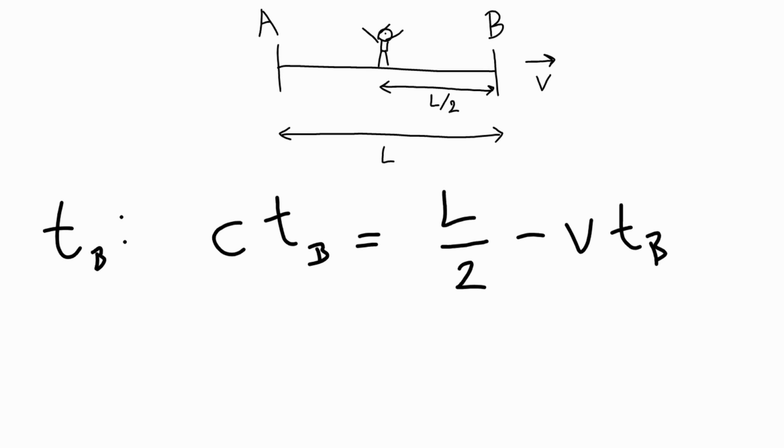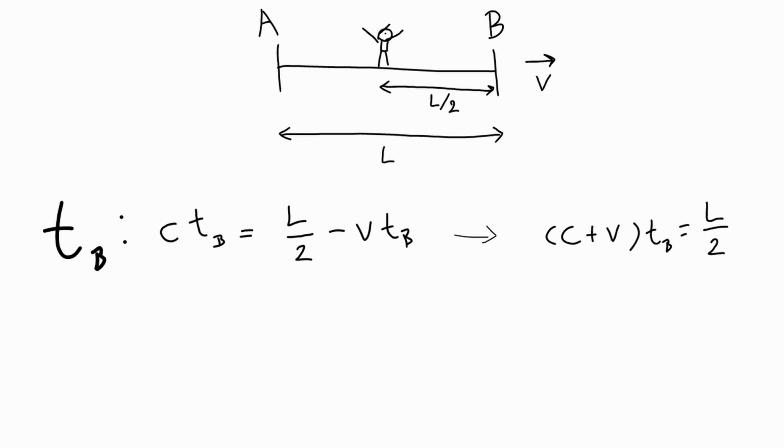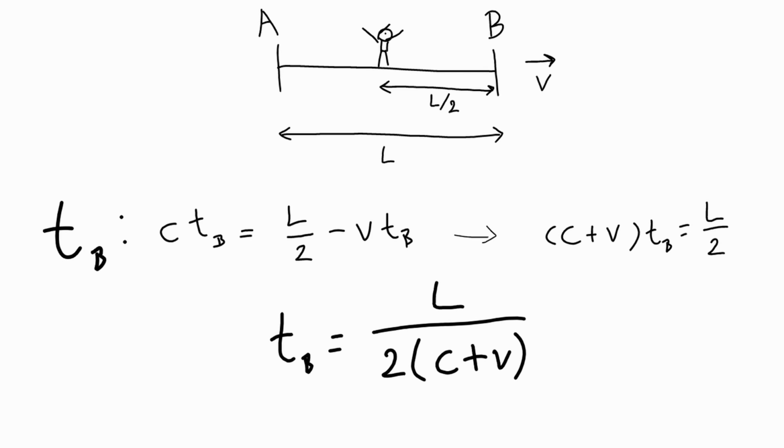This is due to the fact that the observer is going towards the signal emitted by clock B. That means the distance is smaller. Now we do some algebra. (c plus v) times TB equals L over 2. So we move c plus v to the other side. TB equals L over 2(c plus v). Let's call that the second equation because we're going to have another one.